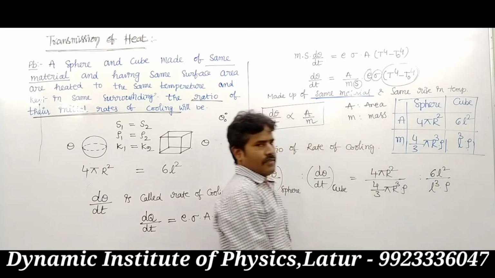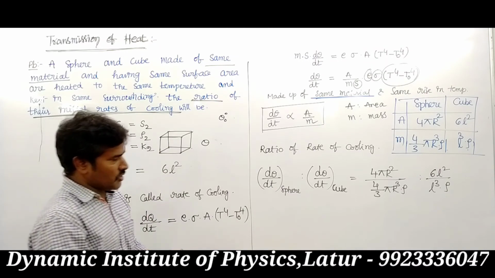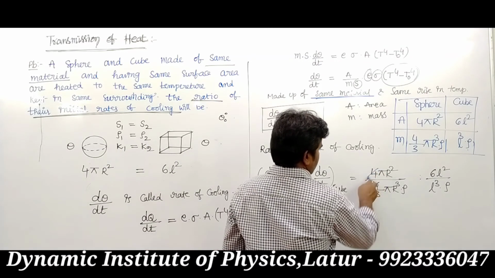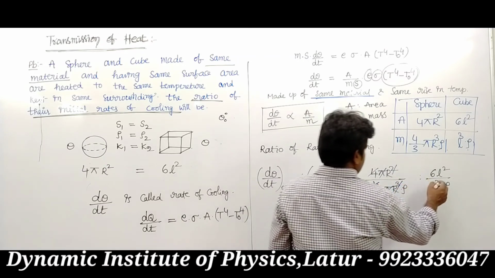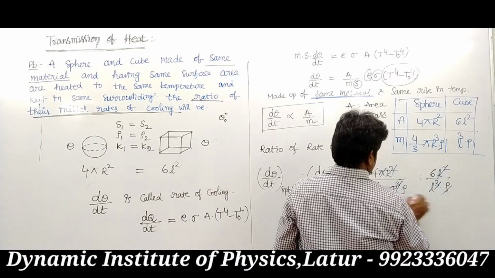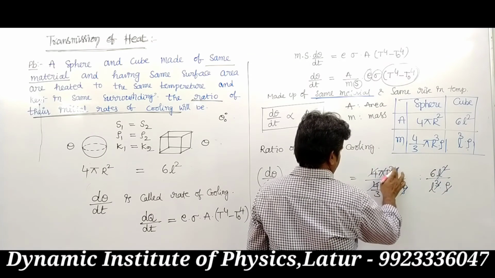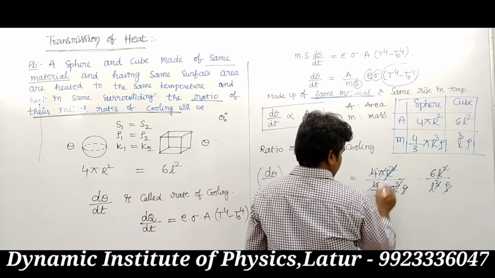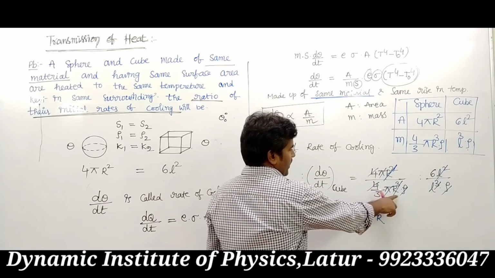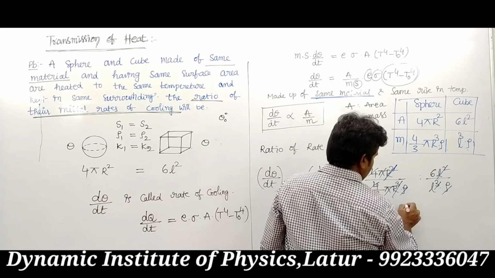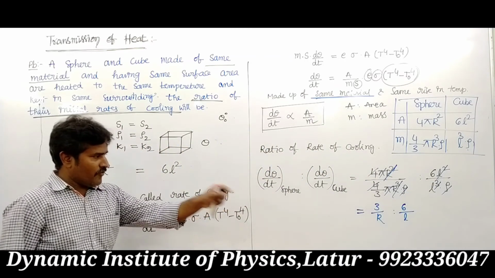After calculation, the density cancels, and r square with r cube and l square with l cube cancel. The value becomes 3 upon r for the sphere, and 6 upon l for the cube.